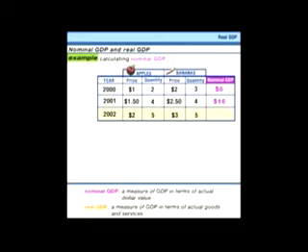Now, how do we compare the output of our economy in those successive years? Output is changing, but so are prices. How do we get a measure of the increased physical output of our economy, the increased real output? Well, we get that measure by holding constant the prices. And we pick a base year and we use that year's prices in the calculation of GDP for the successive years.